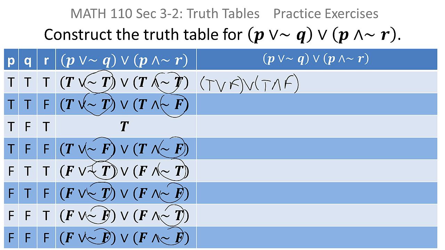Notice I replaced all the not trues in the first line with falses. Same idea in the second row. I'll take the not true and make it a false, and I'll take the not false and make it true. Of course, I've already got this one, so the final result of this is true. I'll just go ahead and put it over there. I won't worry with that row.